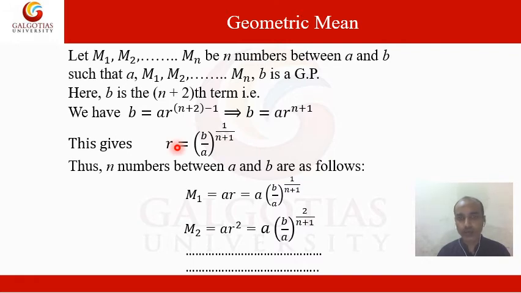And as we know, the terms of a GP are first term a, second term a into r, third term a into r square, and so on. Therefore m1 is a into r, and substituting the value of r, we get a into (b by a) raised to 1 by n plus 1. Similarly, m2 is a into r square, so a into (b by a) to the power 2 by n plus 1, and so on.